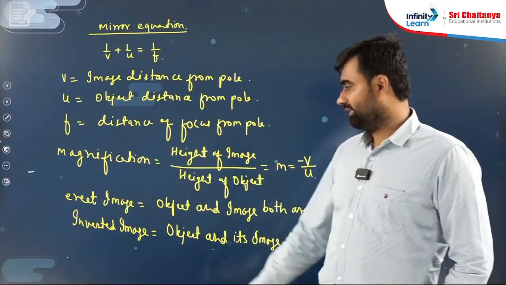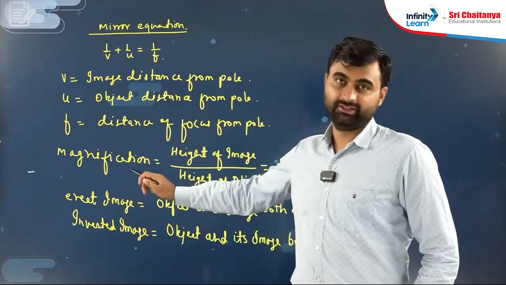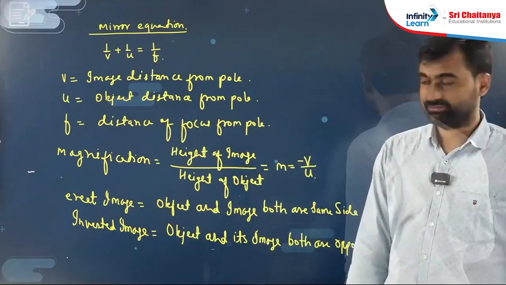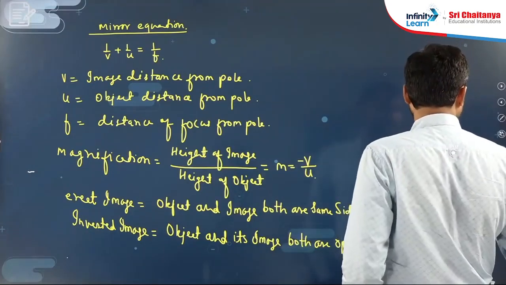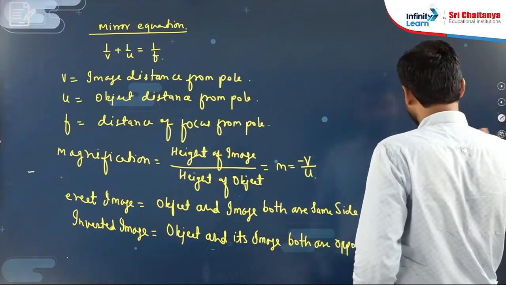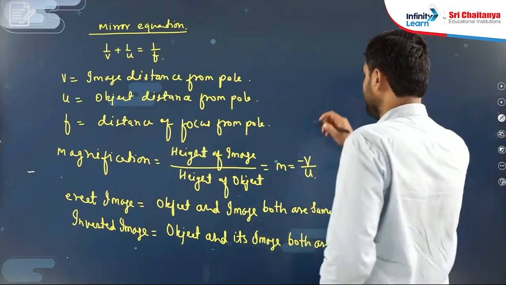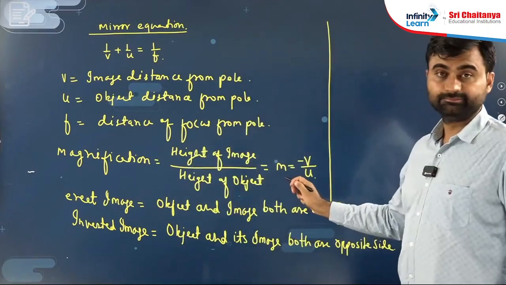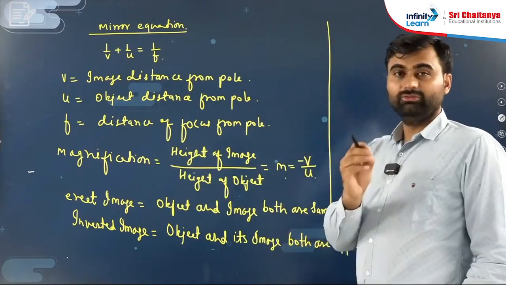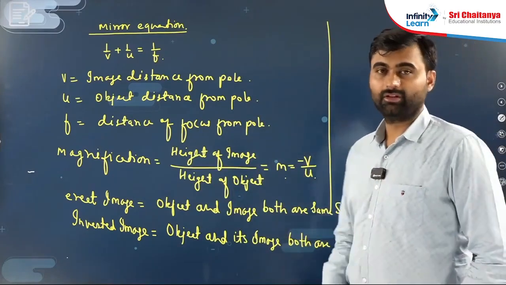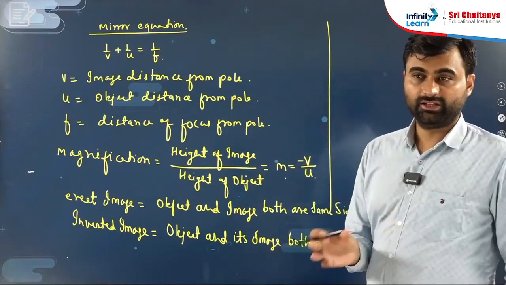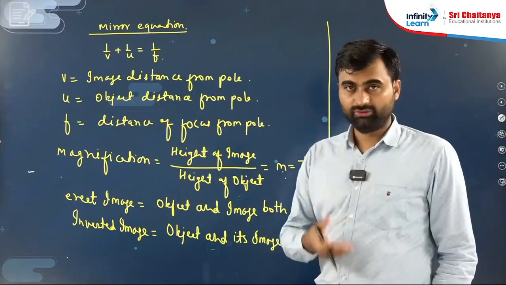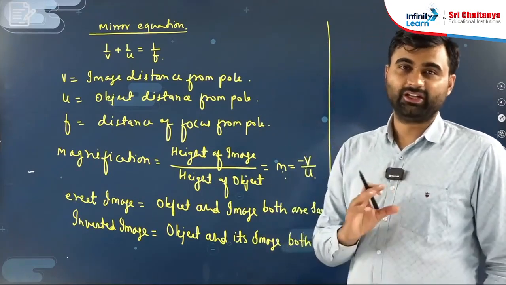For this we have to find out the magnification. To know about erect and inverted image we have to find the magnification. So suppose we calculated the magnification, this M. Now understand this point. There are two possibilities: this M can be positive and this M can be negative.